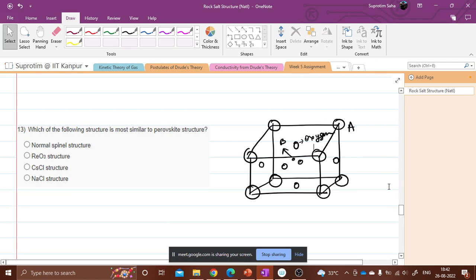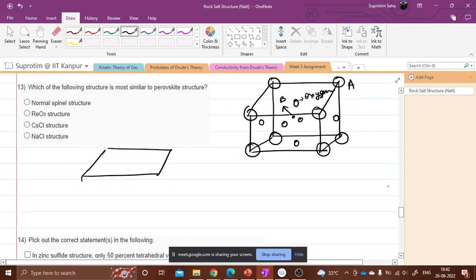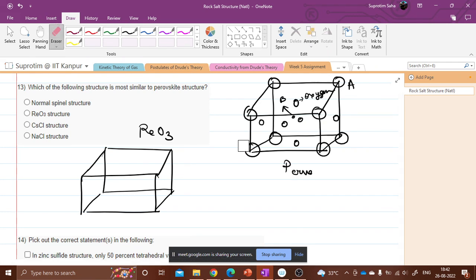So this is the perovskite structure. Now ReO3 structure is similar to the perovskite structure, which you have already noticed. This is the ReO3 structure, and this is perovskite.